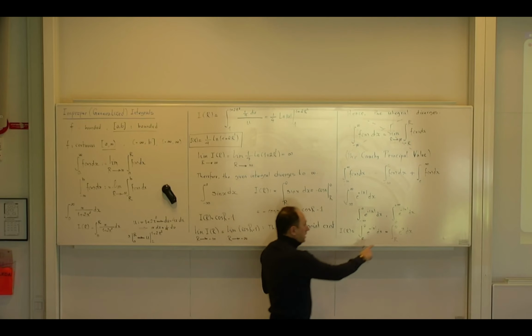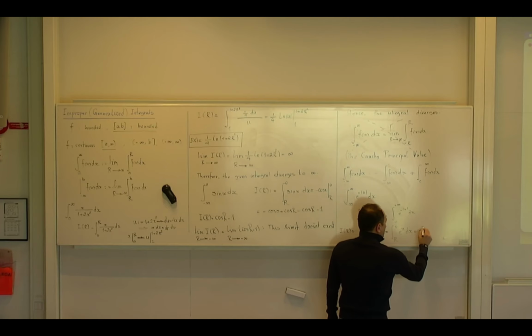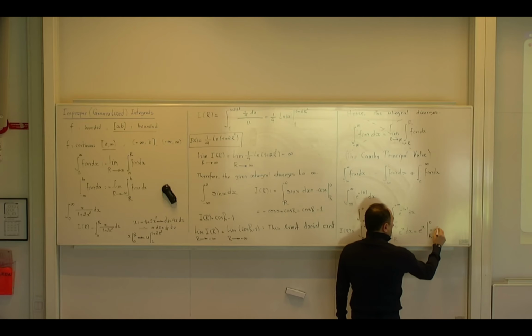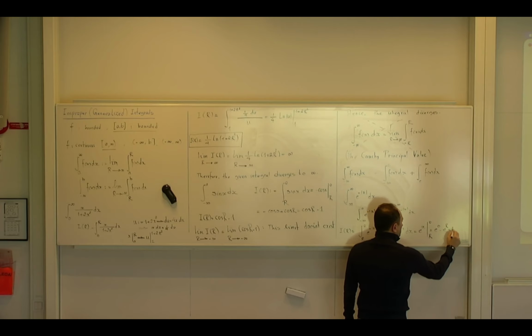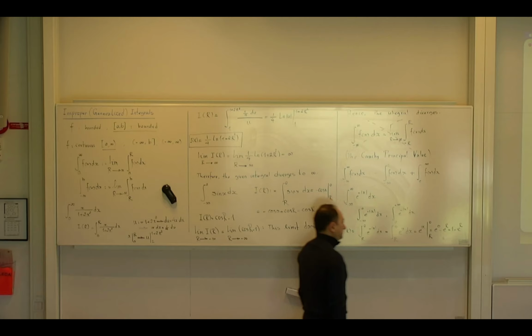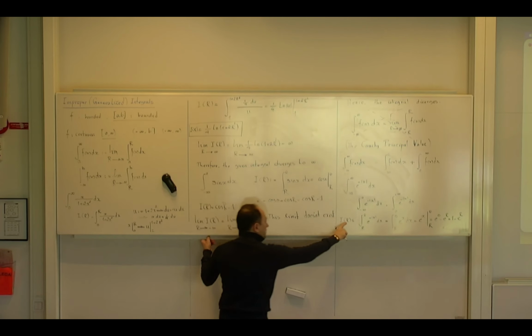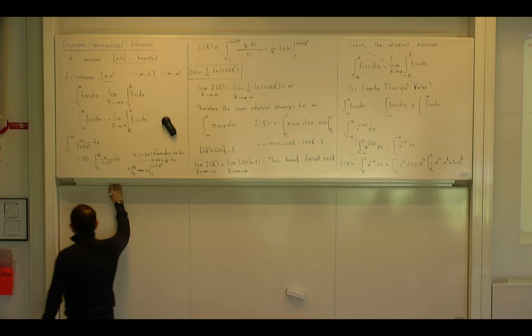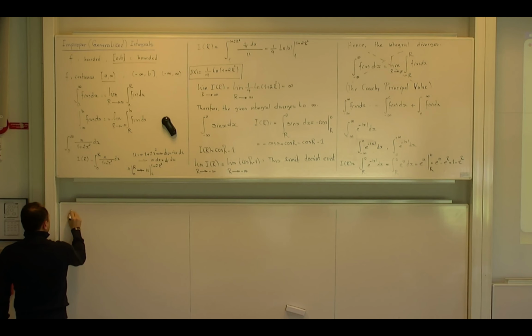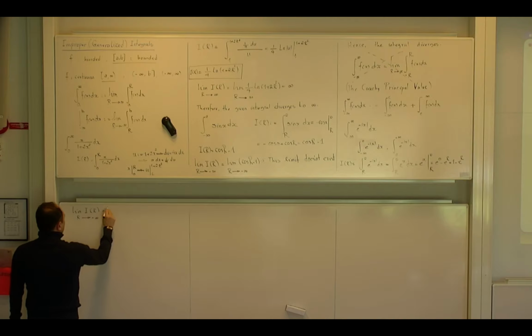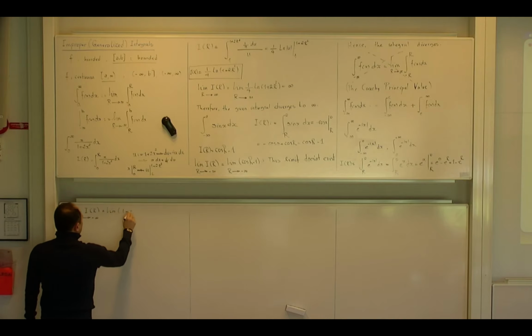And then I calculate this integral. This is the simplest integral ever. So it becomes this function, and it goes from r to 0. So it becomes e to the power 0 minus e to the power r, which is 1 minus e to the power r. Okay, for this one, I have to take the limit and send r to minus infinity. I calculate the limit of I of r, so this becomes the limit of 1 minus e to the power r, where r goes to minus infinity.